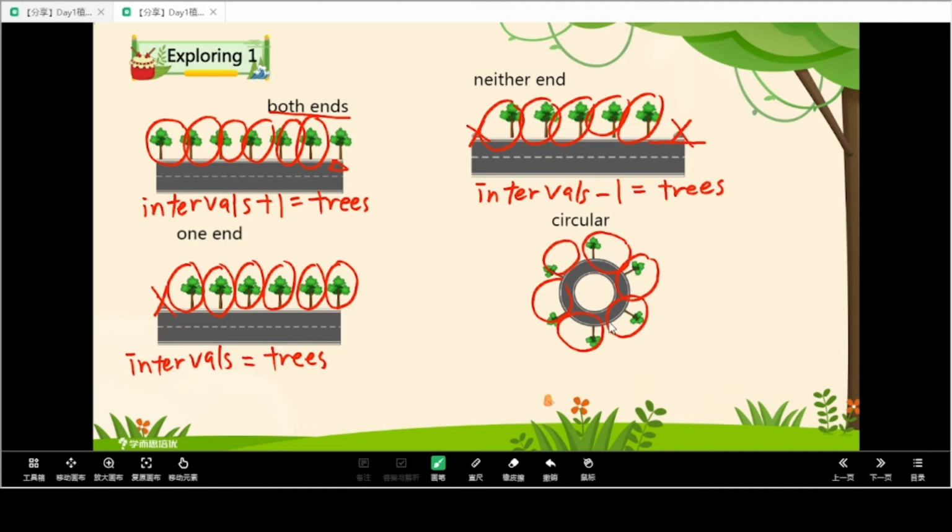So again, no one is left behind. All are well packaged. They can find their friends. So the number of intervals equals the number of trees. So we can know the relationship between the number of trees and the number of intervals in the 4 types of questions.